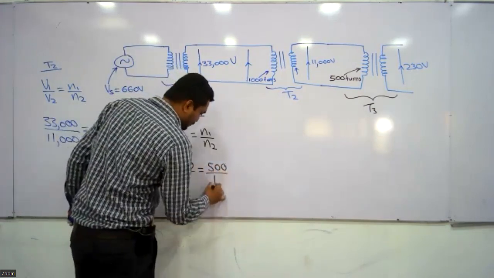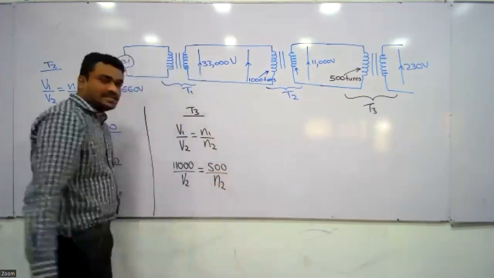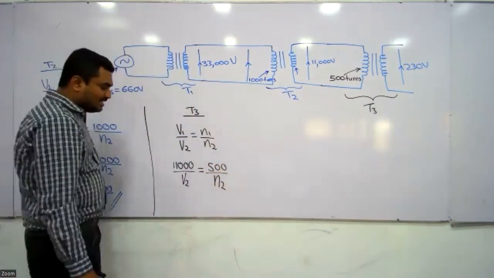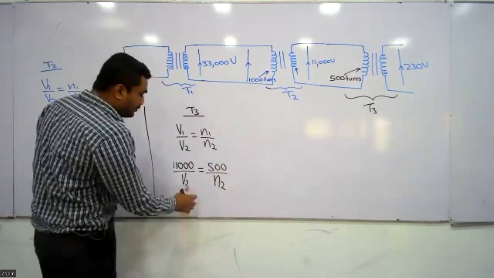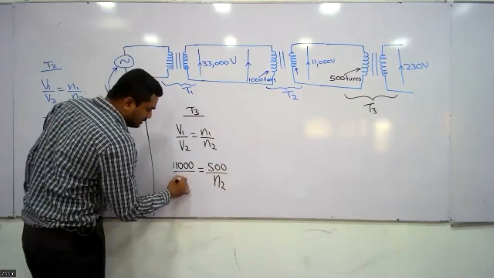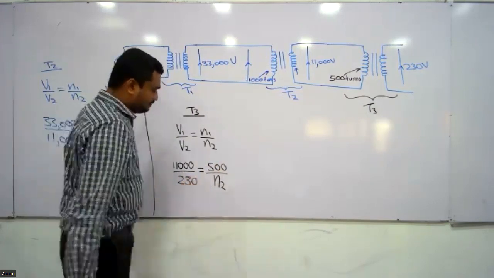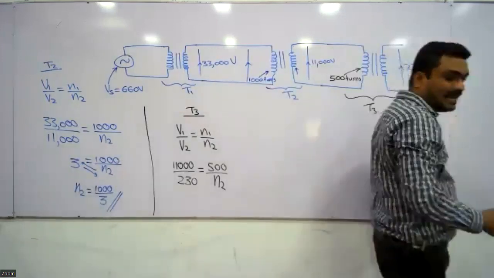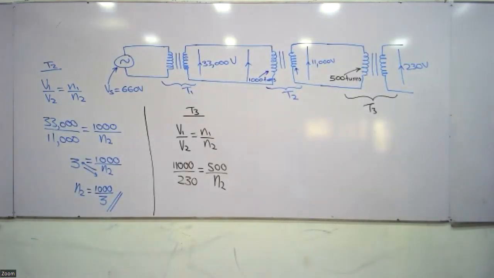The question asks us to find what N2 is. V2 is 230. Can we find N2 of the third transformer right here?